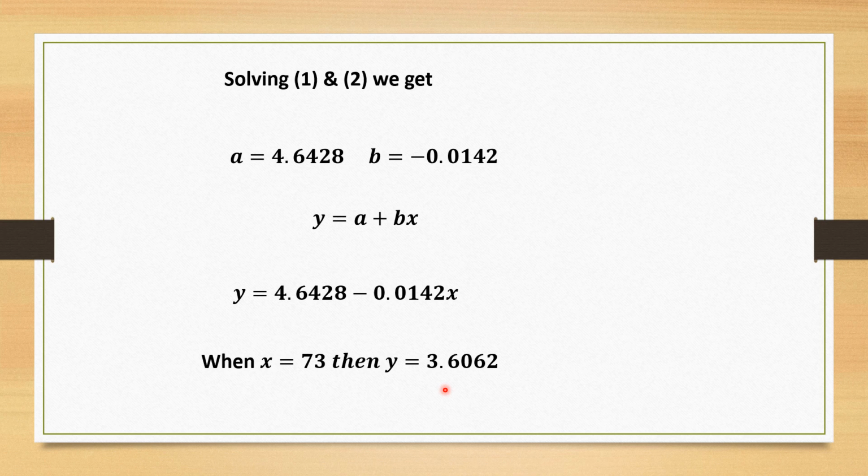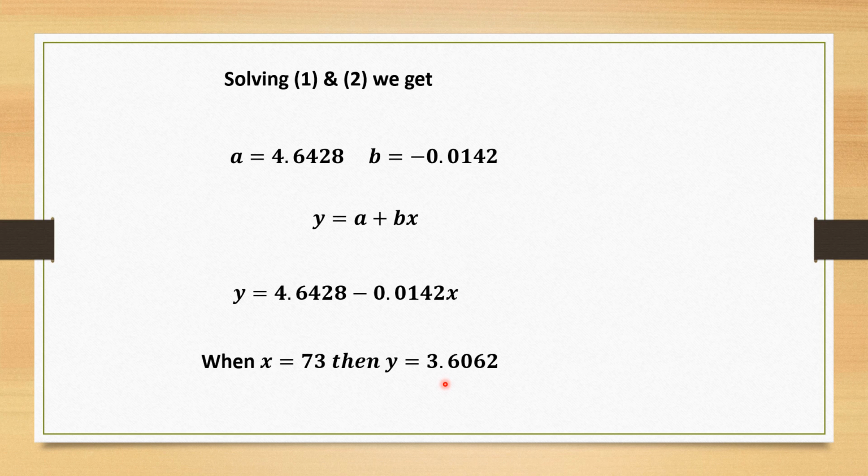So this is the method of fitting a straight line when the x and y data are given in the problem. The first step is to form the table with 4 columns: x, y, xy and x square. Write the values of x and y, which will be given in the problem, and then calculate the xy column and the x square column.